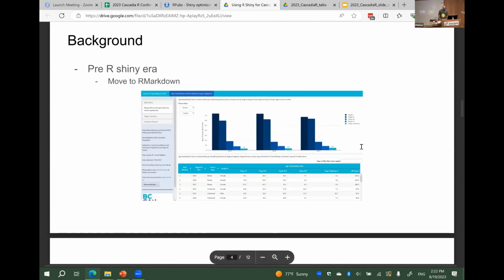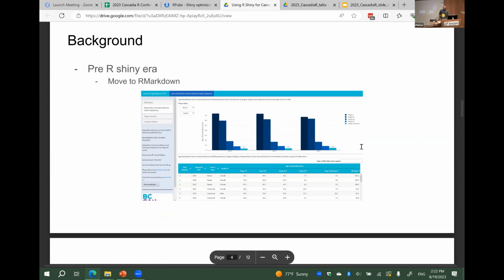Entering 2016, I was able to convince my manager that we could probably do something better in R. As a first step, we decided to use R Markdown as our basis to create some sort of dashboards.